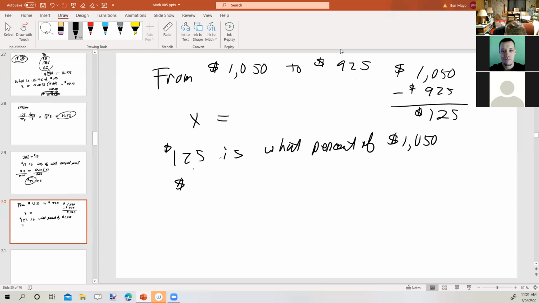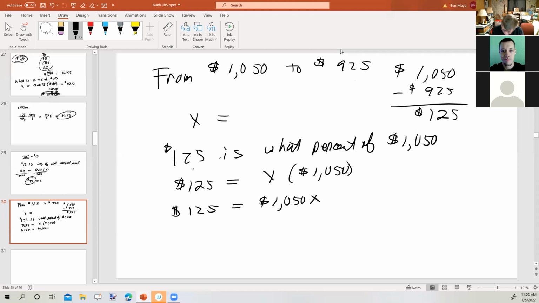So I get 125 is X times 1,050, or 125 equals 1,050 times X. So we'll divide both sides by $1,050. And dollars divided by dollars, the units cancel out. 125 divided by 1,050.